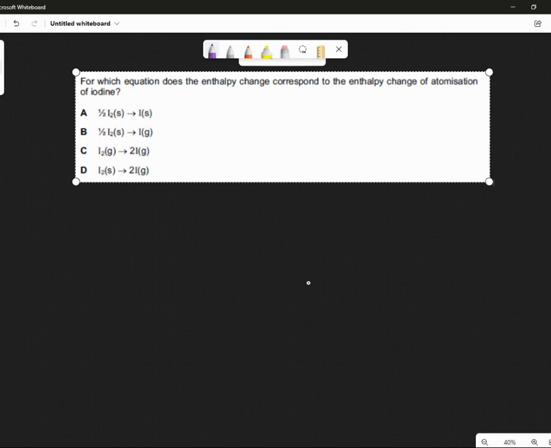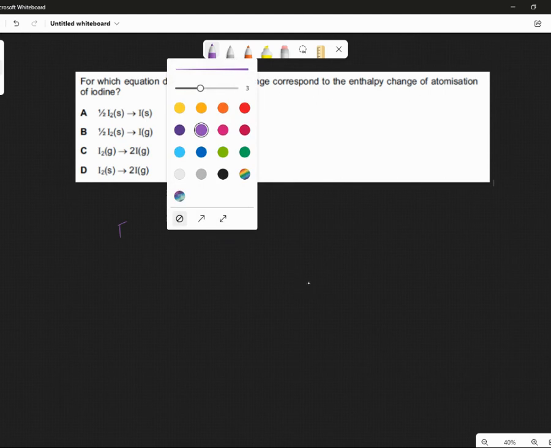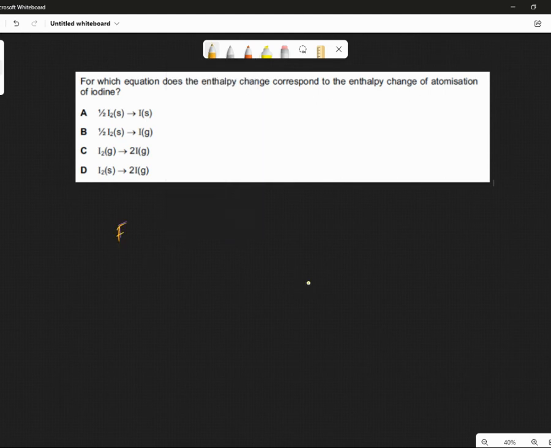It's basically the formation of atoms from the element in its standard state at room temperature and pressure. Now, how many moles of atoms do you think we have to make for it to be an enthalpy change of atomization? How many moles of atoms?